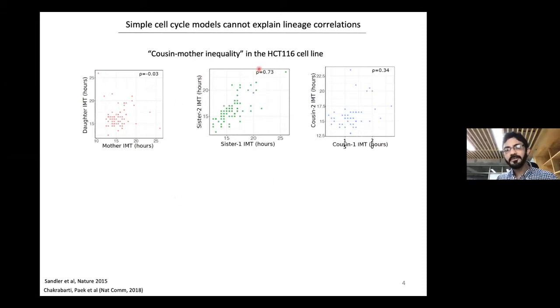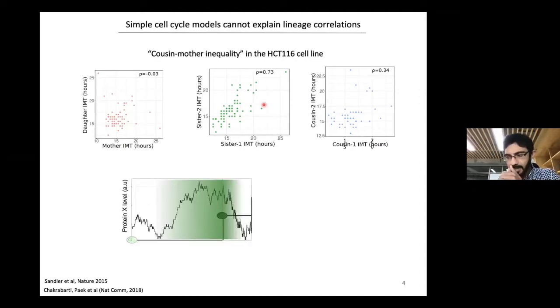So this phenomenon was named the cousin-mother inequality in this beautiful paper in Nature from Natalie Balaban's group, right? And the question is, why does that happen? So the first question that we had asked in this paper, which is now published, you can go read it, is this phenomenon surprising, right?